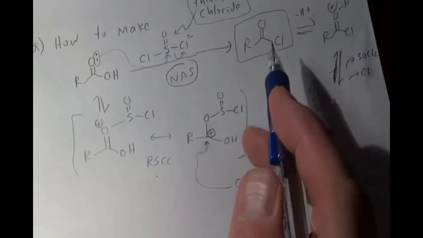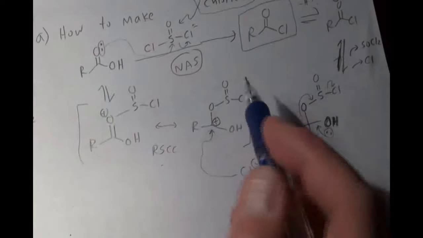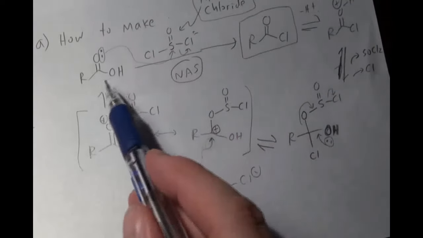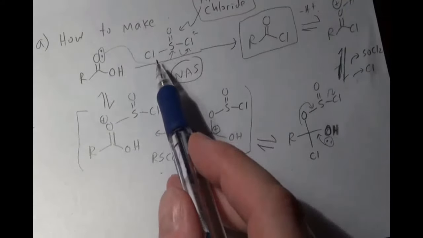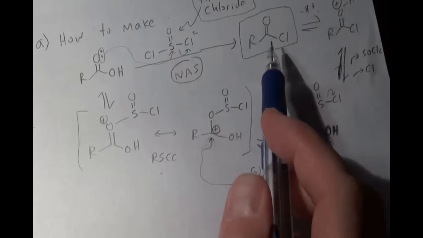So that's how you make an acid chloride. Okay, so it's a very easy reaction. You just take the carboxylic acid, SOCl2, and get an acid chloride.